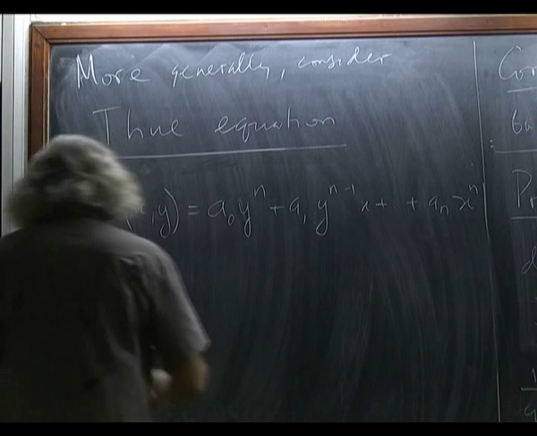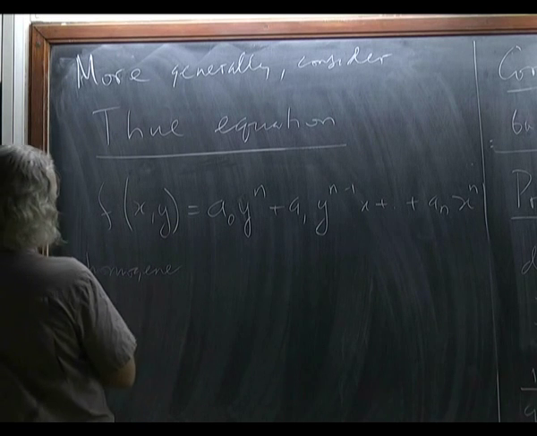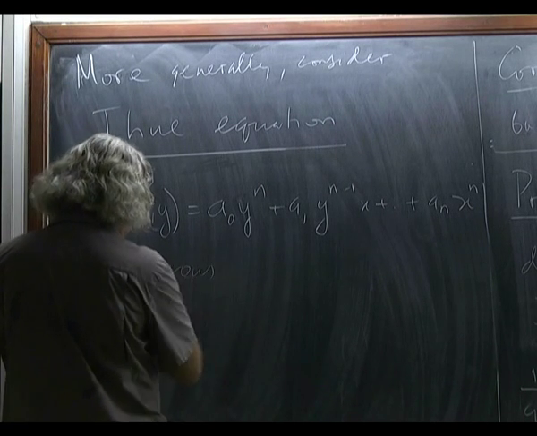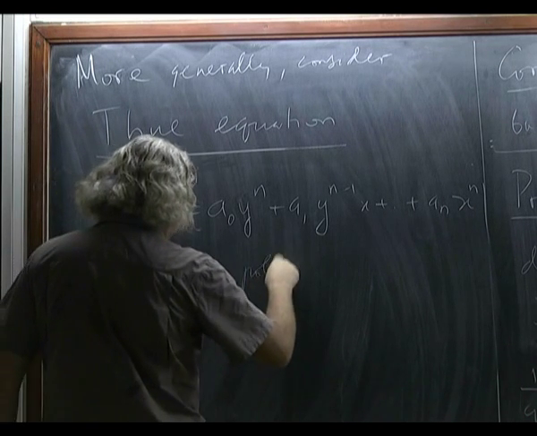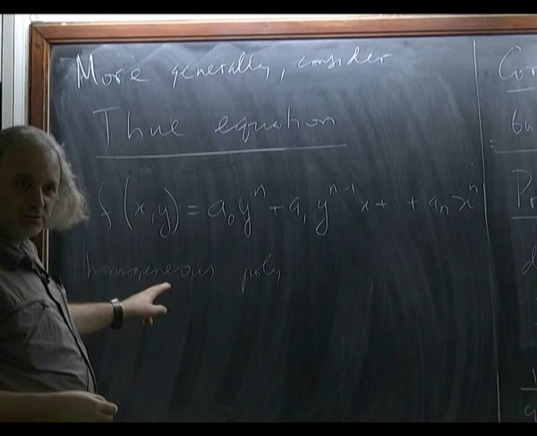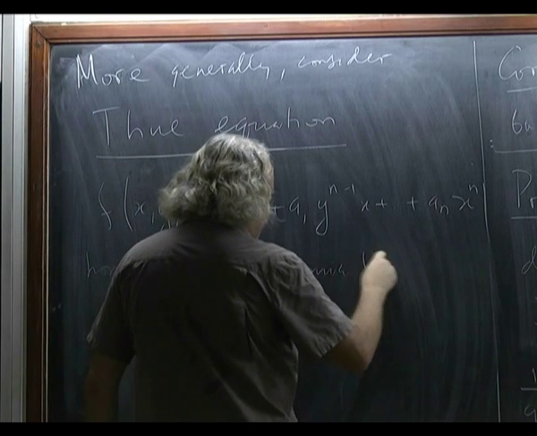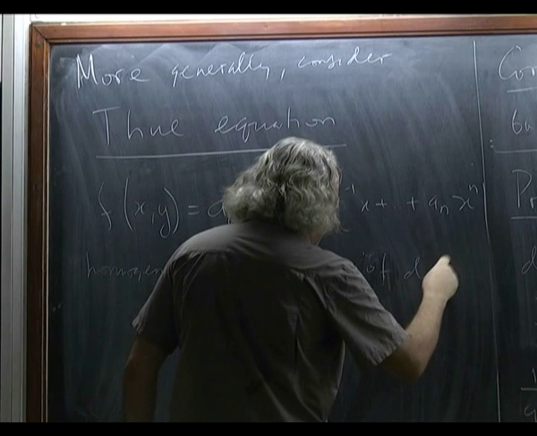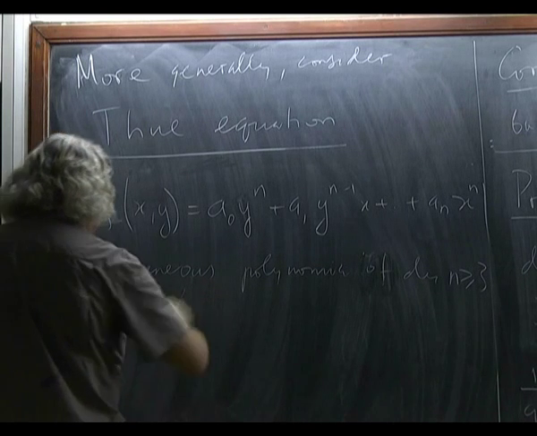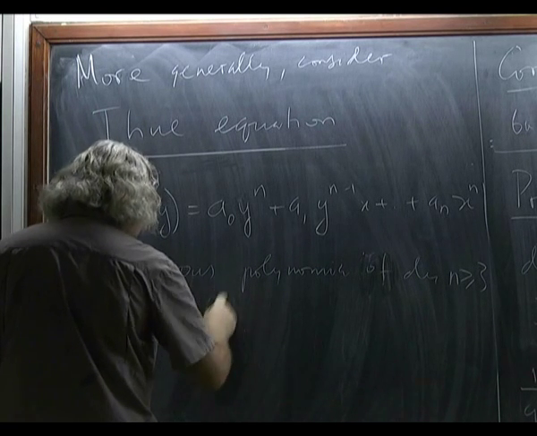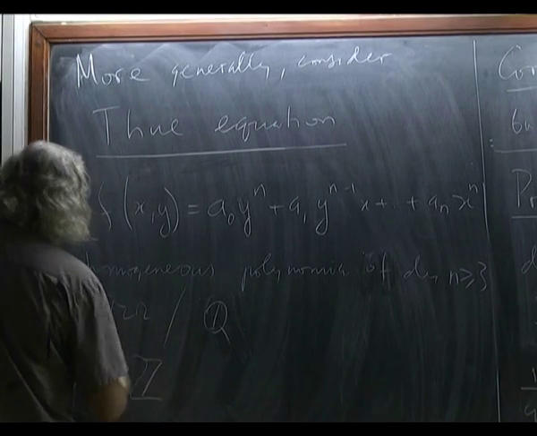So, a homogeneous polynomial of degree n, at least 3, and we assume that it is irreducible over Q. And also let b be some arbitrary integer.